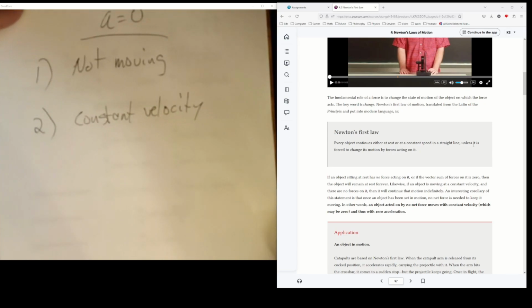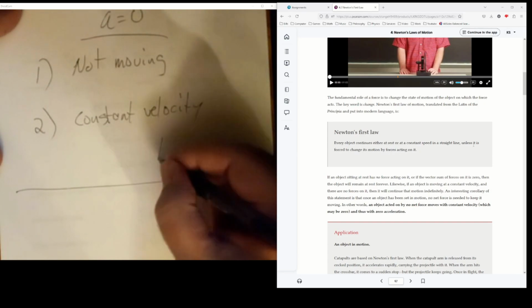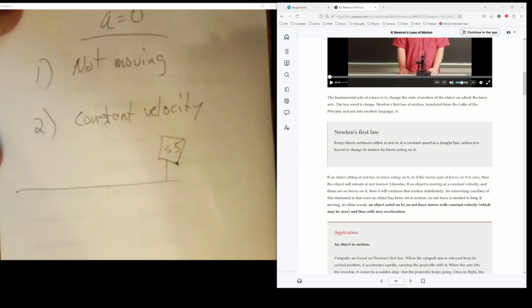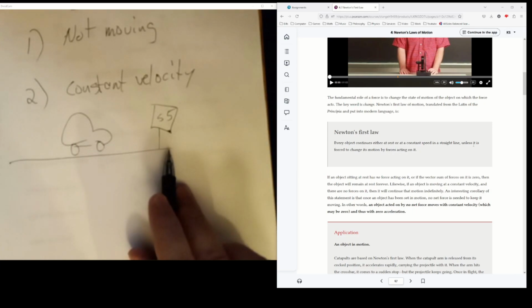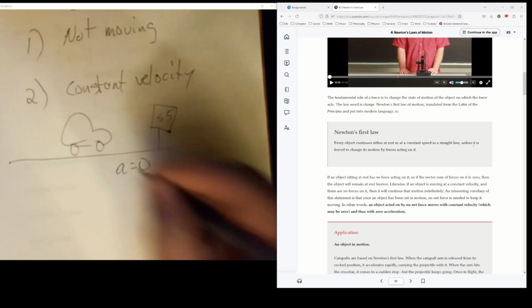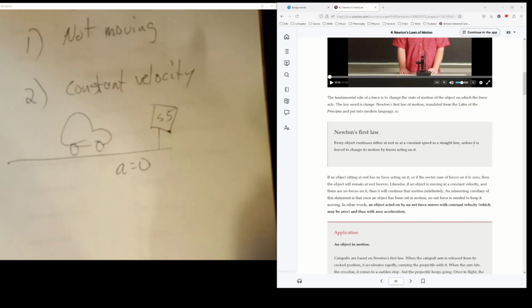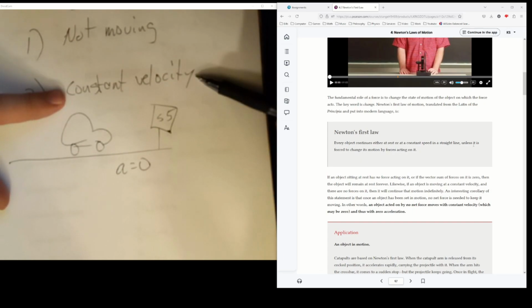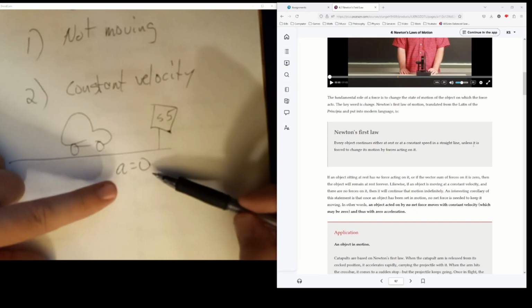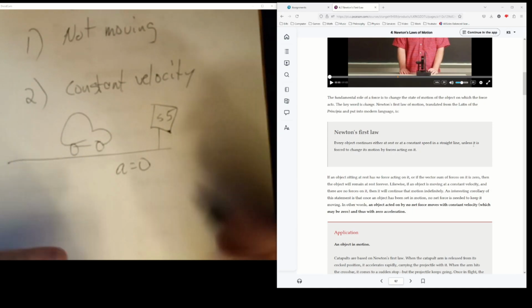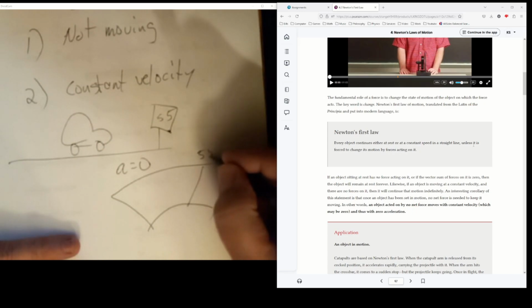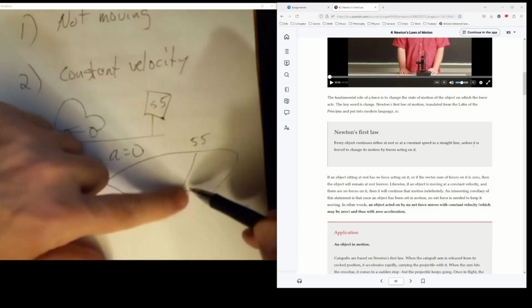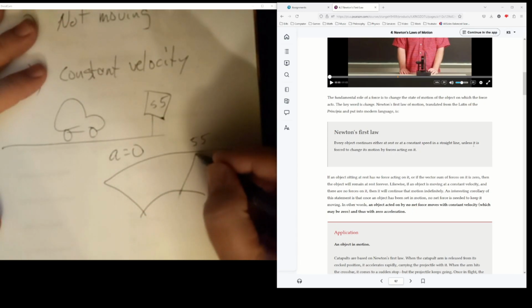So, for instance, when you're driving your car and you see the speed limit is, say, 55, if you're driving the speed limit at constant velocity, that means you have zero acceleration. When you look at the speedometer and you see it's just sitting there at 55, that means you have a constant velocity.